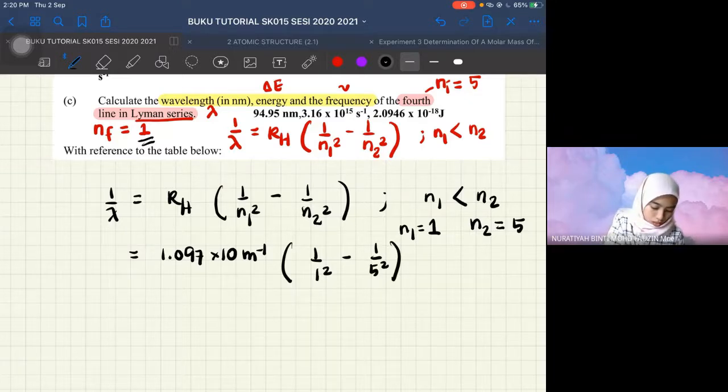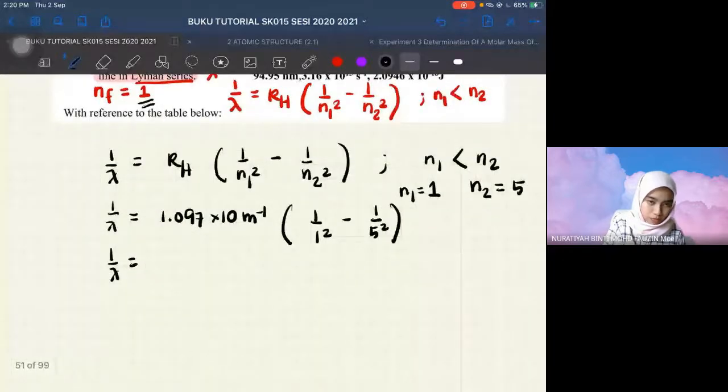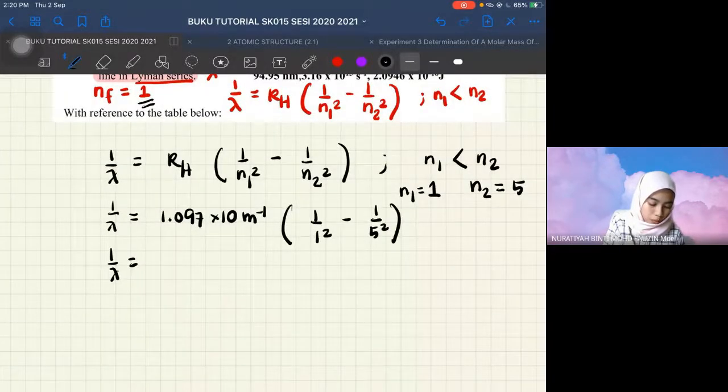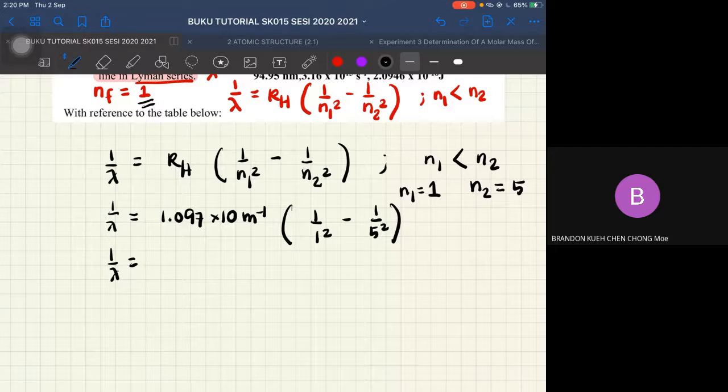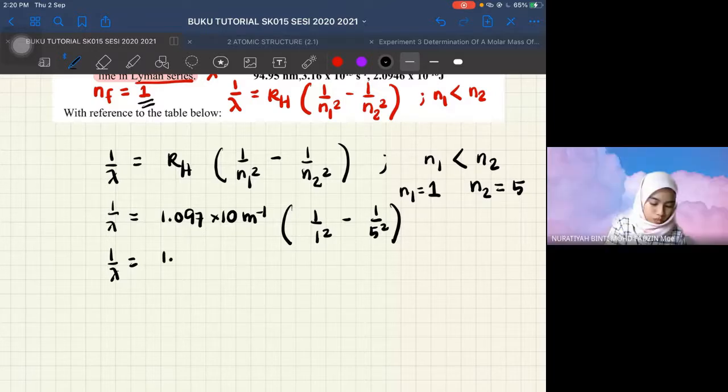Okay, and then what do you get when you press the calculator? 1.0531 times 10 to the power of 7.